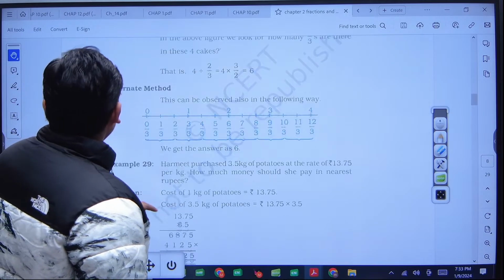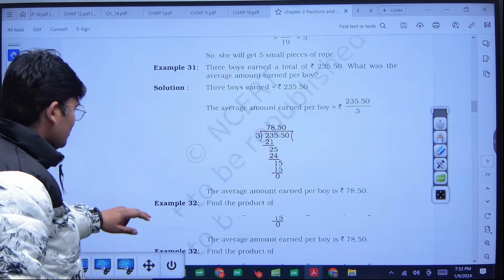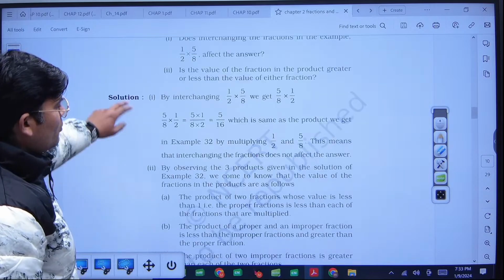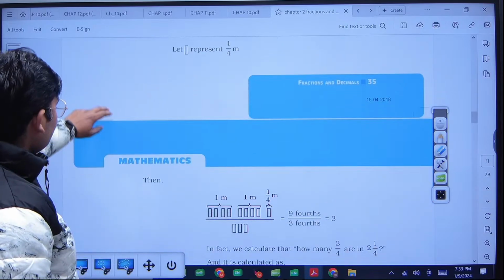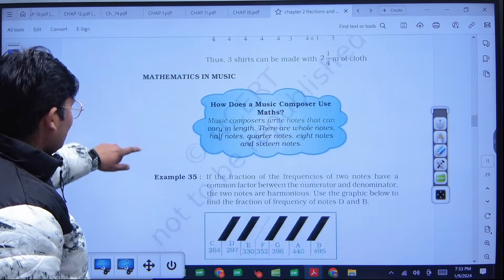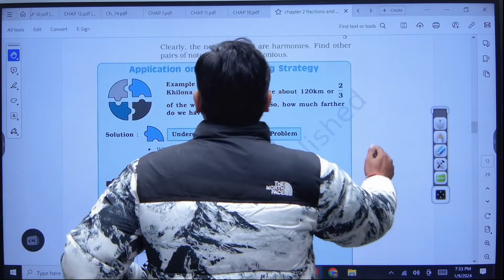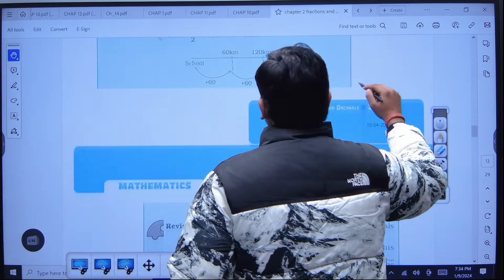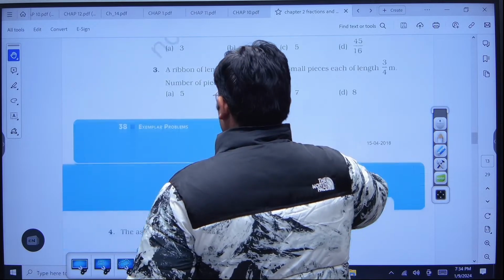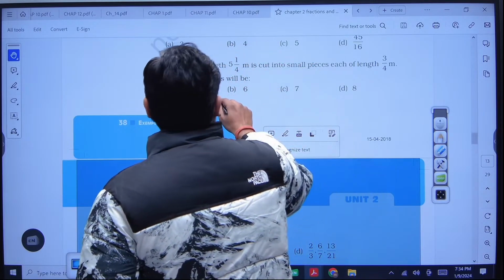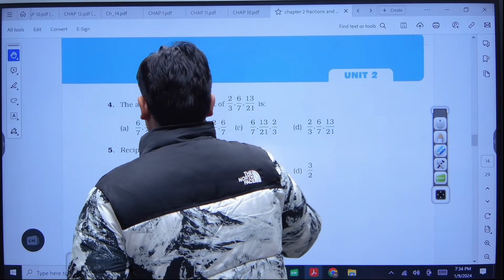There is example 28, there are no more questions here, only solutions. No, I think this is a different book. Chapter 2, fractions and decimals. Okay. Yes, we got questions.